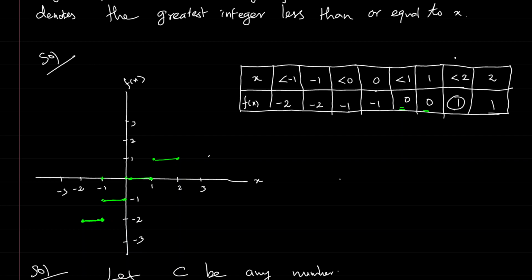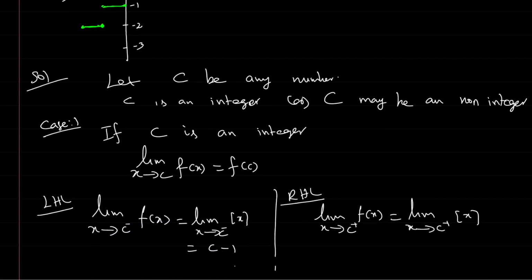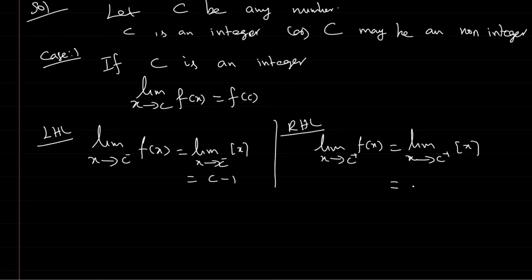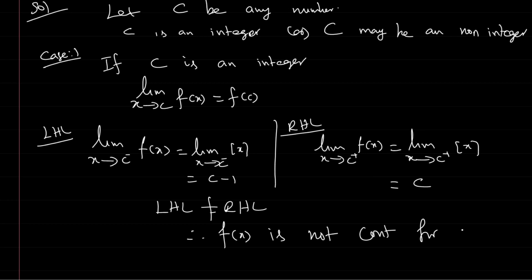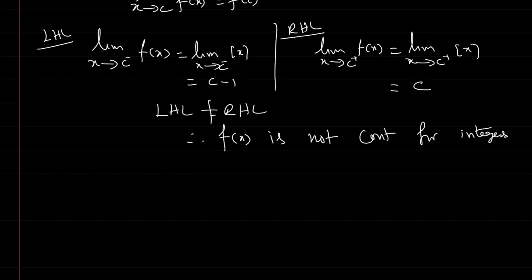Therefore, for values greater than C, the value is C, but see here, the left hand side limit is not equal to the right hand side limit. Therefore, the function f of x is not continuous at integers. Clear? I already told that at the integers the function is discontinuous.